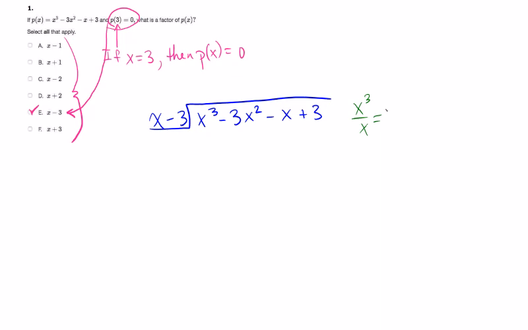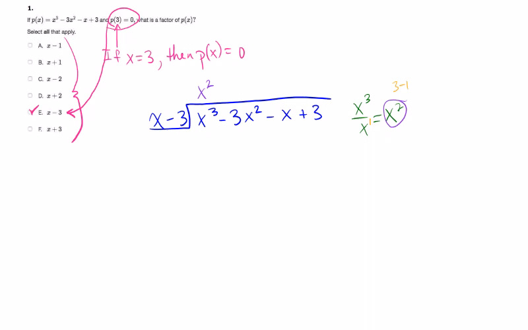So it'll be x to the, and remember there's an invisible 1 right here, right? So it's going to be 3 minus 1, which equals 2, right? So we get x squared. So that x squared is what we put right here, okay?